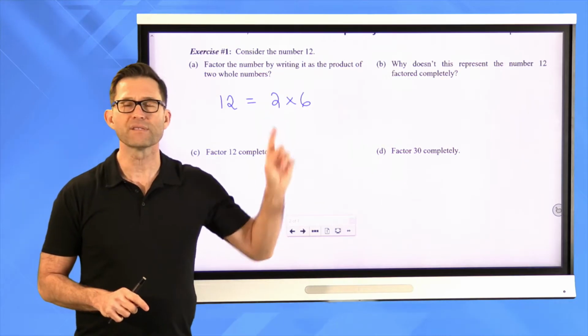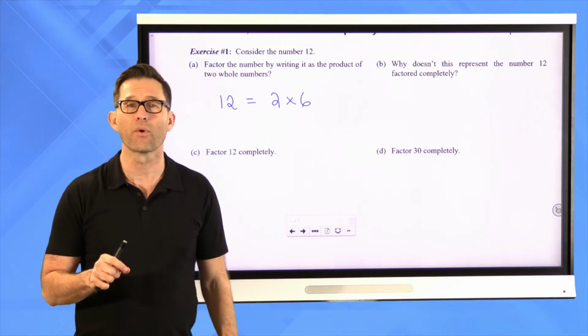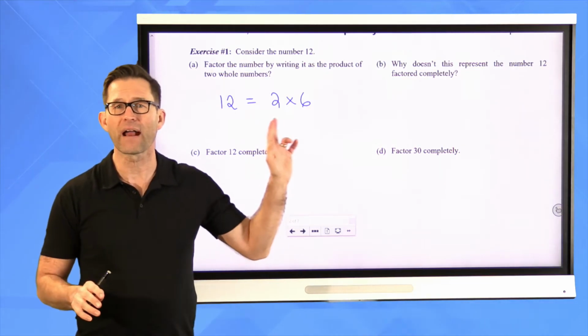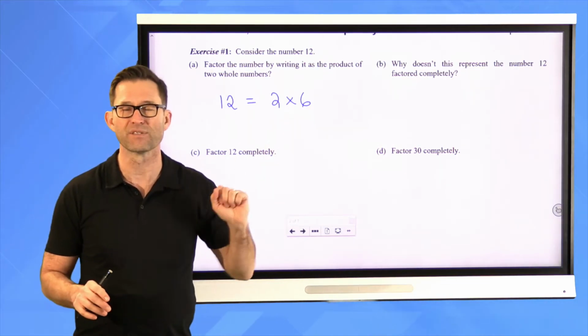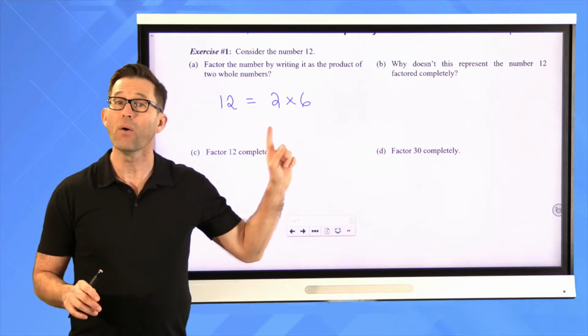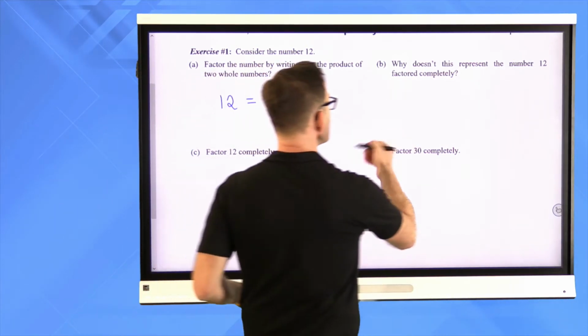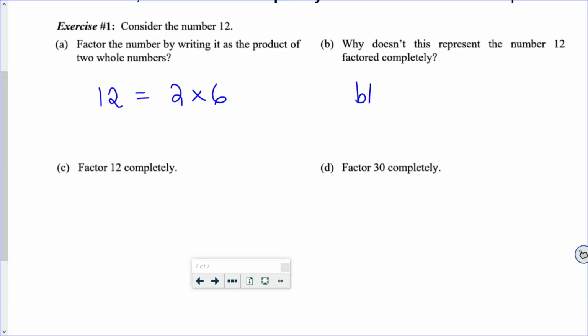Now you might say, well, so can 2, because 2 can be written as 1 times 2. But we're never going to break down a factorization as 1 times something else. But we can break down 6. 6 can be factored more. So the answer to this question is because 6 can still be factored.